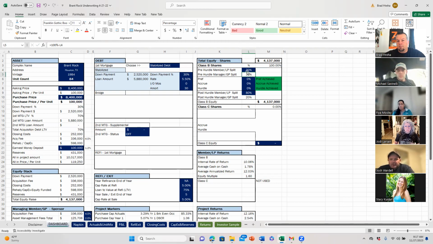So 70% of the profits go to the limited partners, 30% goes to the GP. We didn't do a pref on our two deals. And the reason was they don't meet a pref. We weren't going to work for free for 5 years. We're going to split everything with our investors the way we have it worked out. So if our investors get paid, we get paid. But it's even, right?